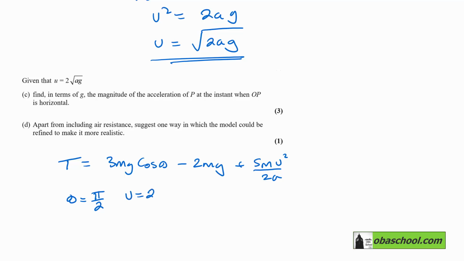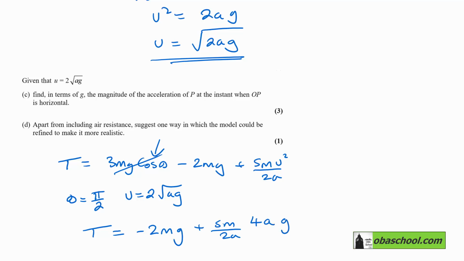And of course, we've got 2 root ag for the u, so we'll substitute that in. Now the cosine of pi by 2 is 0, so this term is going to disappear. So we've got negative 2mg plus 5m over 2a multiplied by 4ag. So we've got an a that can cancel, and the 2 can cancel with the 4, making that a 2.